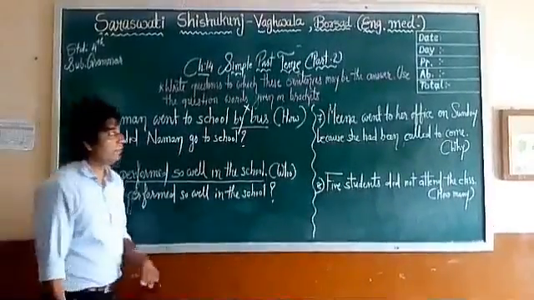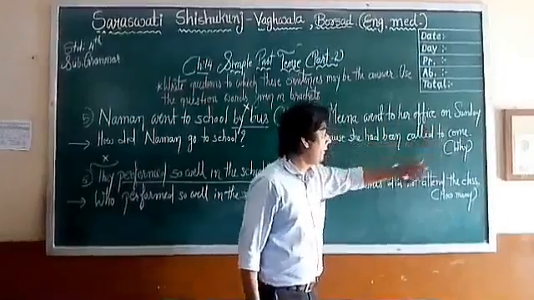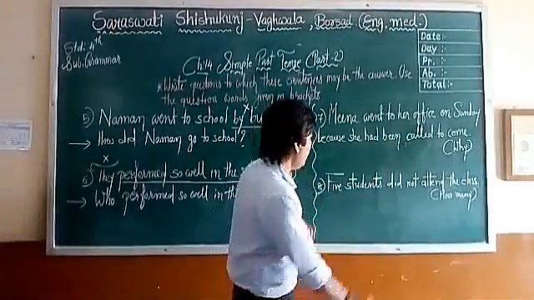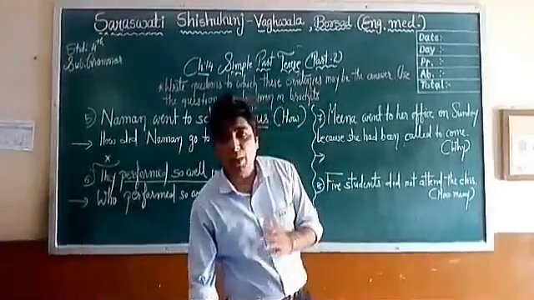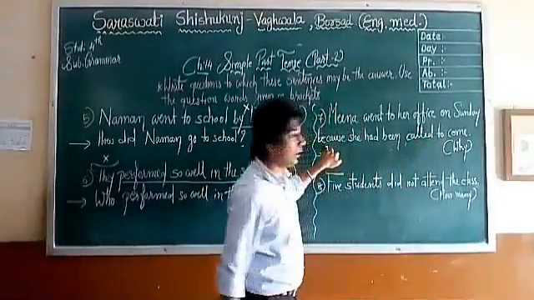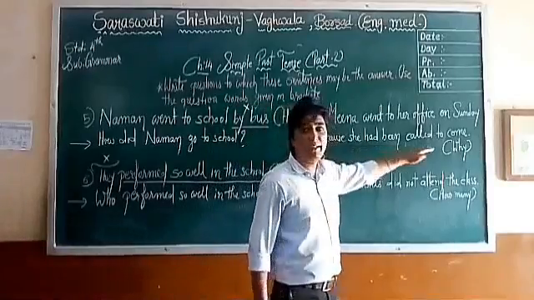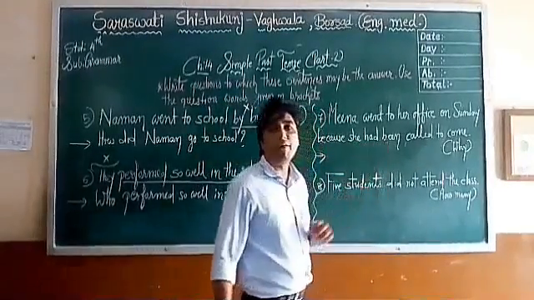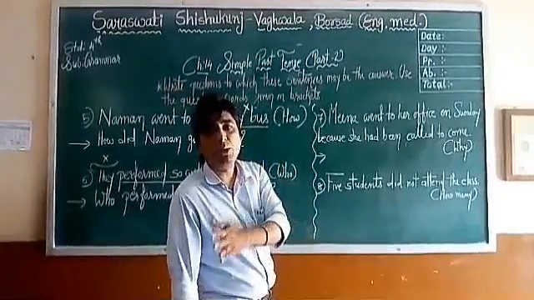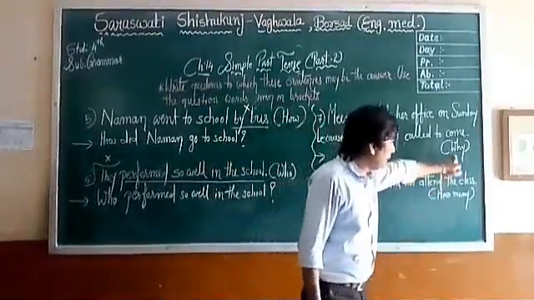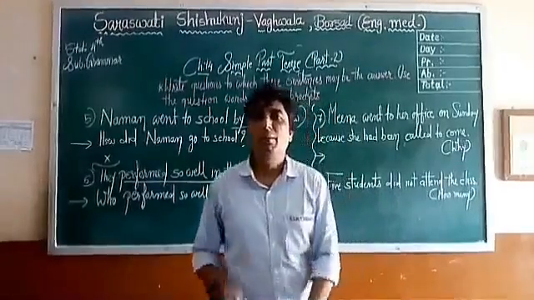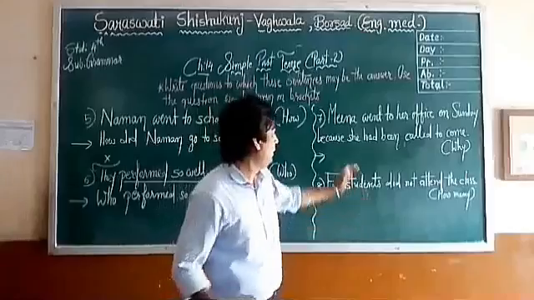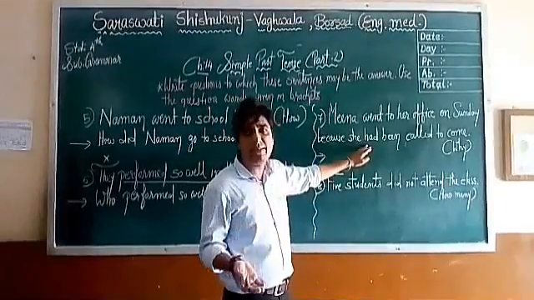Right? Where is it? Meena went to her office on Sunday because she had been called to come. Right? She had been called to come. Now, as you can see here, because. After because, the reason is given. Why she went to her office? Because she had been called to come. So the question is about why. When you ask the question why, you will get the reason. So this is the reason, which means it is an answer.